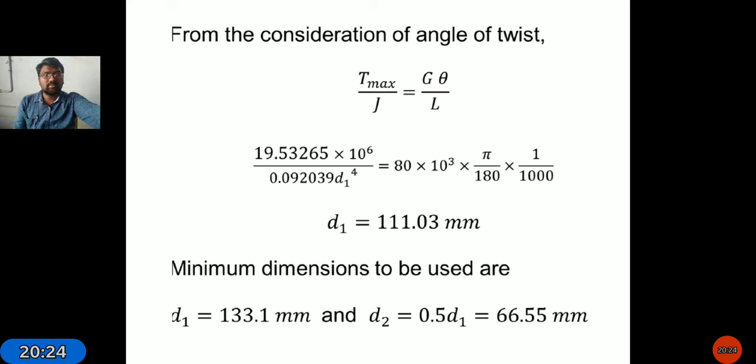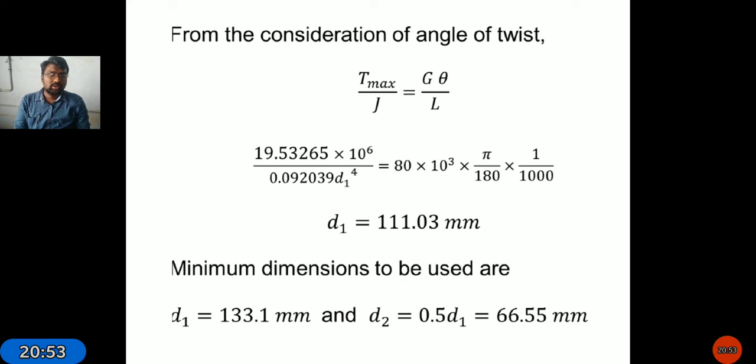We can convert degrees into radians, that is pi by 180, into 1 by L. Length of the shaft is 1 meter, and 1 meter is equal to 1000 mm. By simplifying this equation, we will get the value of d1 as 111.03 mm. The minimum dimensions to be used are therefore d1 is 133.1 mm and d2 is 0.5 d1.